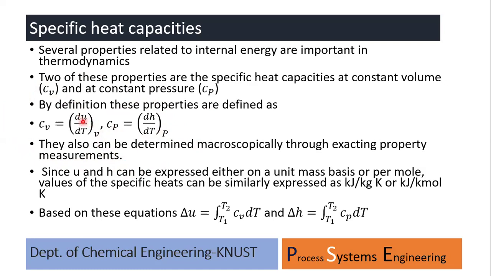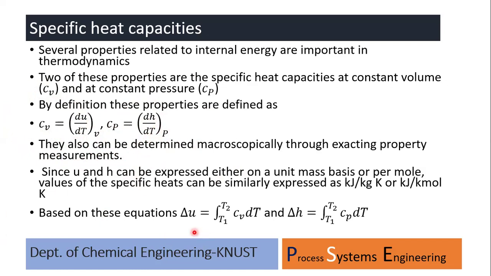Now, if we want to find the internal energy or the enthalpy from these relations, what we can do is make them the subjects. So if I make dU the subject here, I'll have Cv times dT. If I make dH the subject here, I'll have Cp times dT.